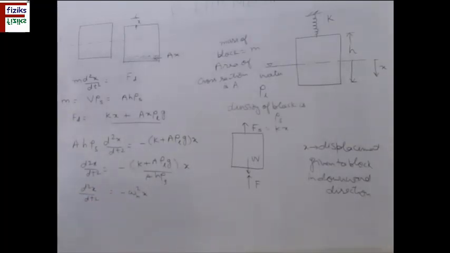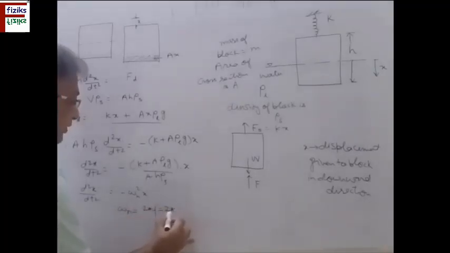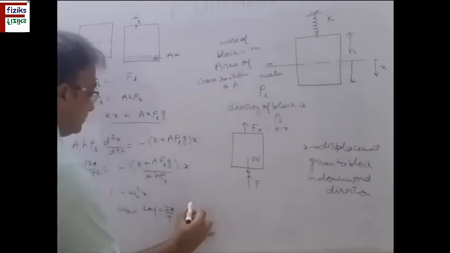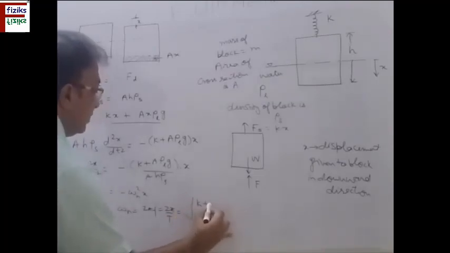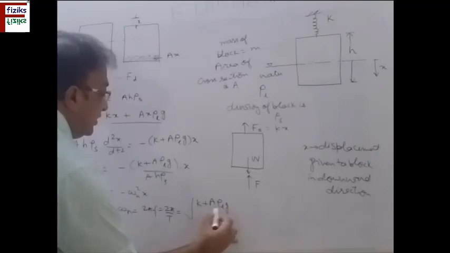So we can write that the natural frequency of vibration, which is 2 pi f or 2 pi by T, equals under root of K plus A rho L G divided by A H rho S.